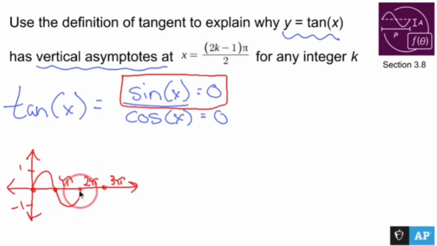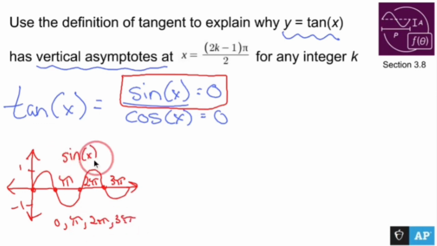Now, why is this important? Because sine is 0 at 0, and pi, and 2 pi, and 3 pi, and stuff like that. That's for sine. Now, if we only care about cos x, why are we doing sine? I don't know, just in case there's holes or anything like that. There won't be, but I had fun doing this anyway.